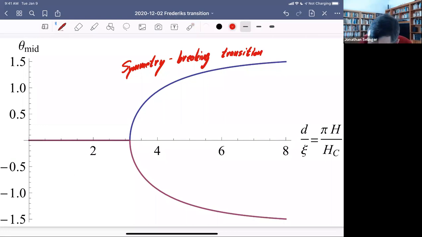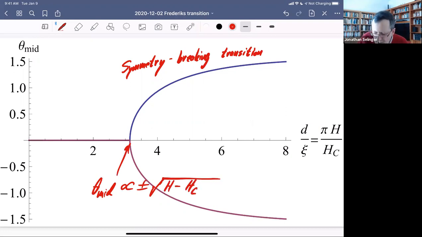So right about there, theta in the middle is proportional to plus or minus the square root of h minus the critical value of h, right? Or equivalently, plus or minus the square root of d over psi minus pi.